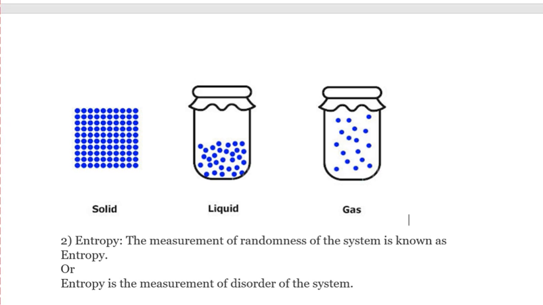So, in solids, syempre, ang aton nga molecules are properly arranged. So, kung makita natin dali sa ating nga representation, since they are properly arranged, which means may less lang siya nga randomness. So, ang iya nga entropy of the solid is least or at a minimum nga consideration.